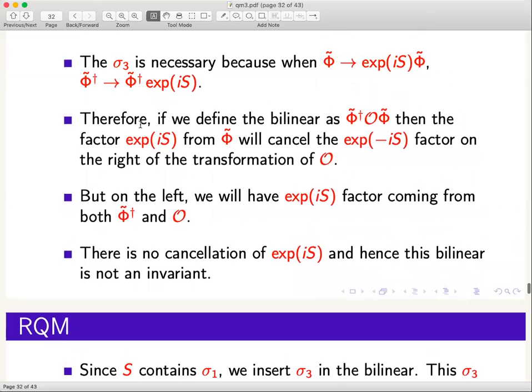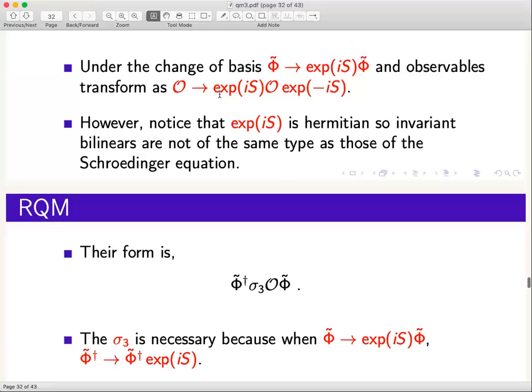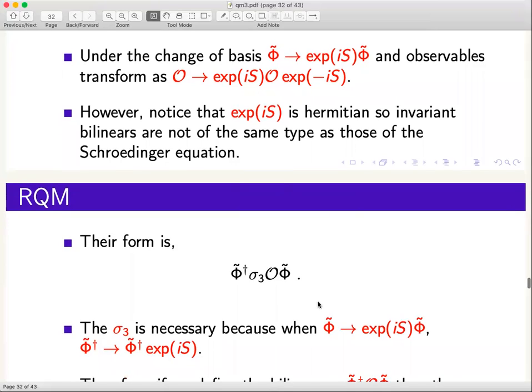So if you have a phi dagger giving e to the is, if you take it across sigma 3, it will become e to the minus is, and it will cancel e to the plus is of the operator and give you this entire expression to be invariant under such similarity transformations.